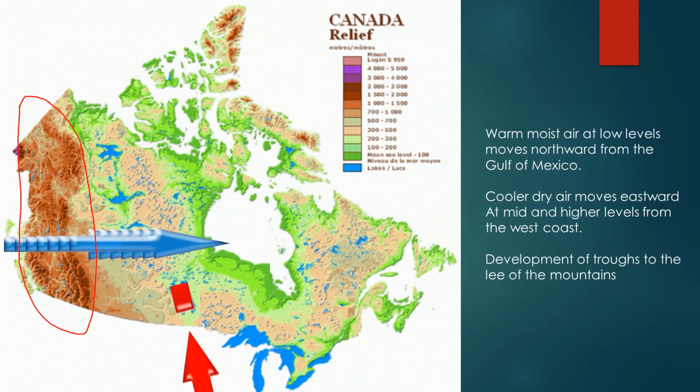So what we have is that condition for moist, warm air in the lower levels. You have drier, cool air at the mid and upper levels, which is exactly the condition you need for that instability. Additionally, we have that directional wind shear occurring. So it starts off as perhaps with a southerly component or a southeasterly component at low levels, and it veers to perhaps westerly with a westerly component.